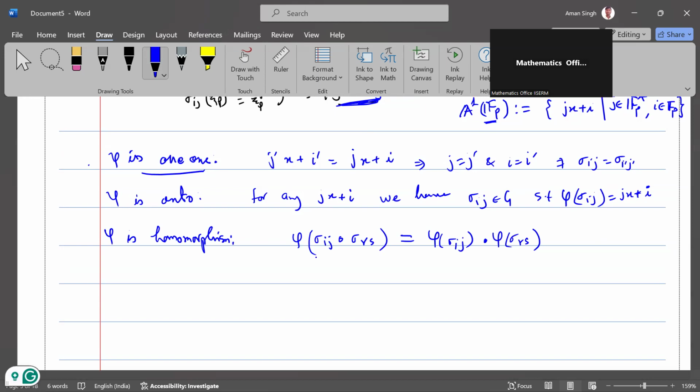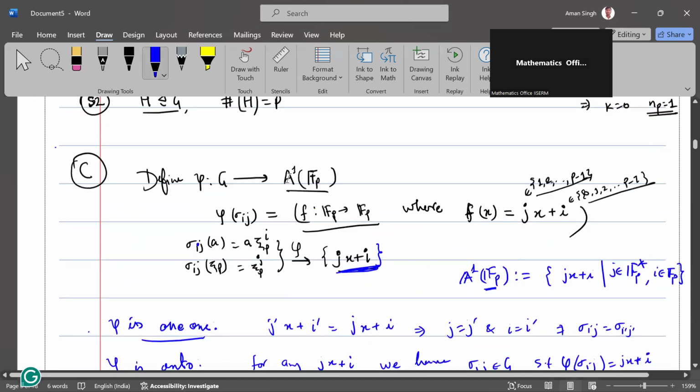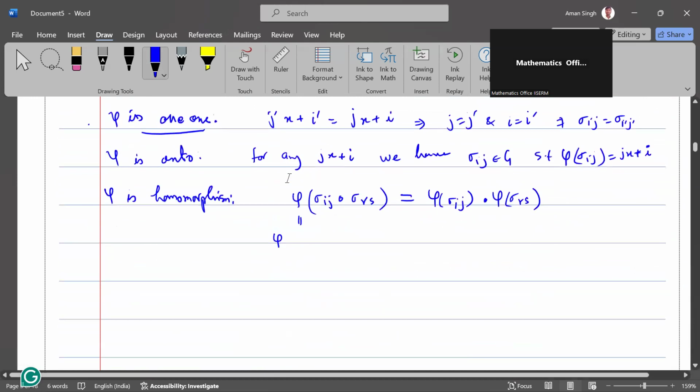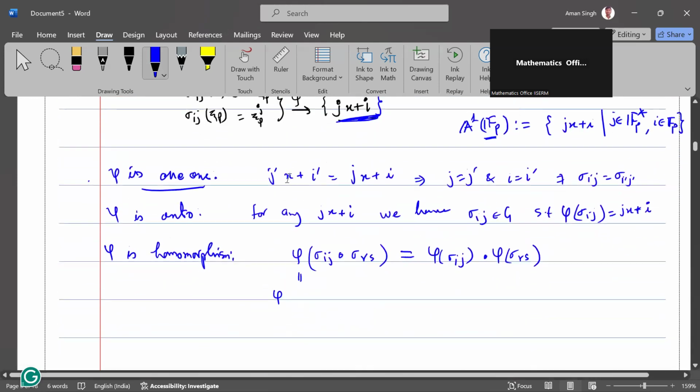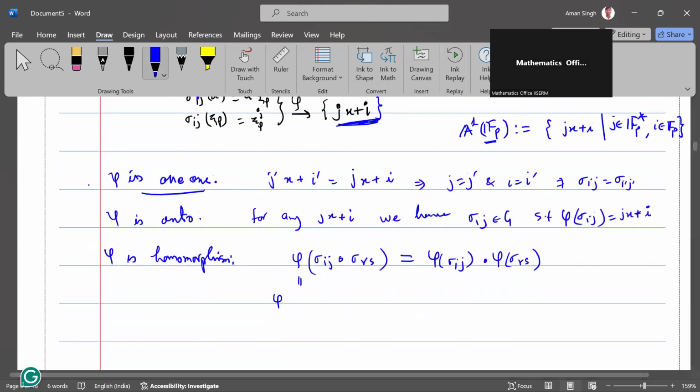We'll start from both sides. These two maps are elements from A1(F_p). First of all, let me write this. This is jx.